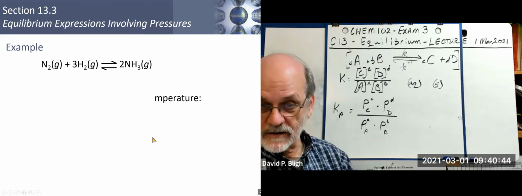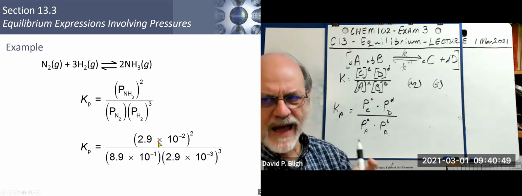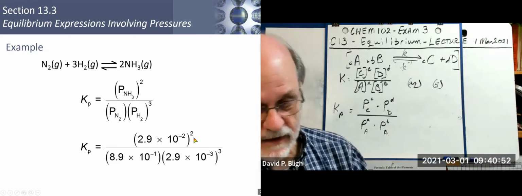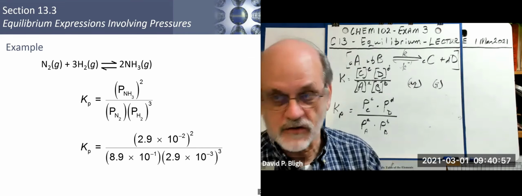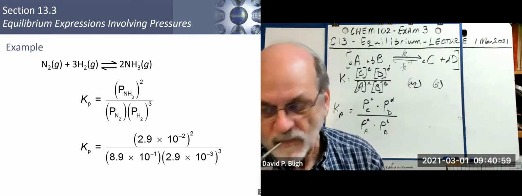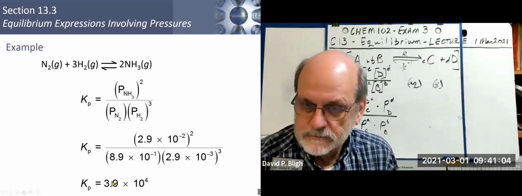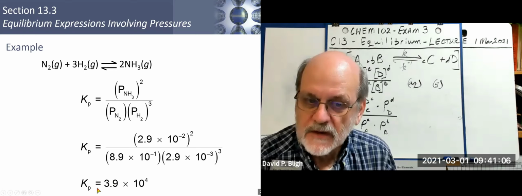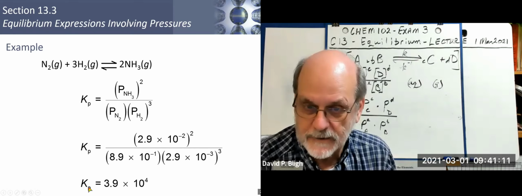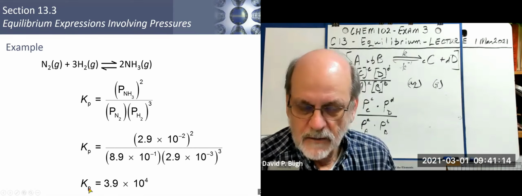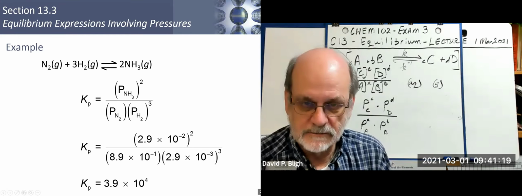And then we write the expression here, substitute the values for each one. Don't forget your powers, right? Even I make that mistake. Don't forget to apply those powers in your calculation, or you'll be completely wrong. Then we come up with this value, 3.9 times 10 to the fourth. And that's another reason for putting the P in here, because it means that this K was calculated with partial pressures.